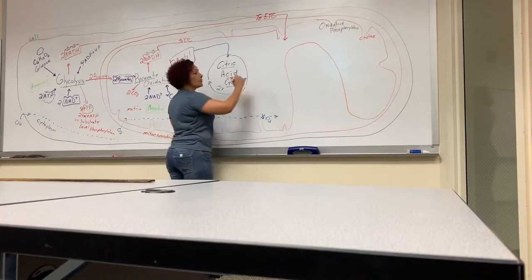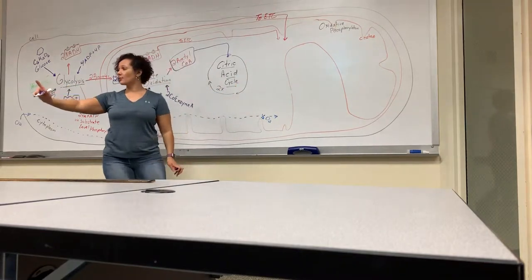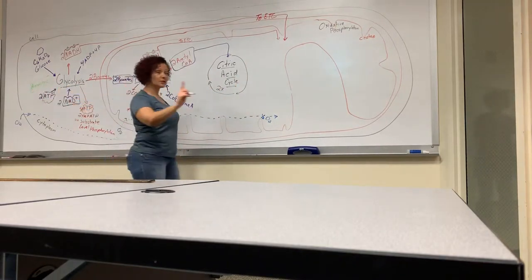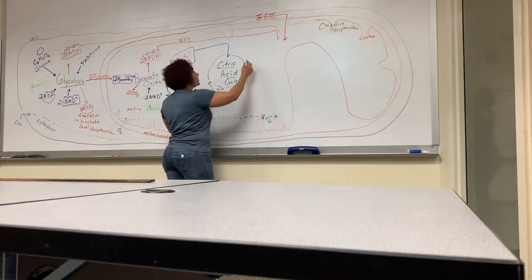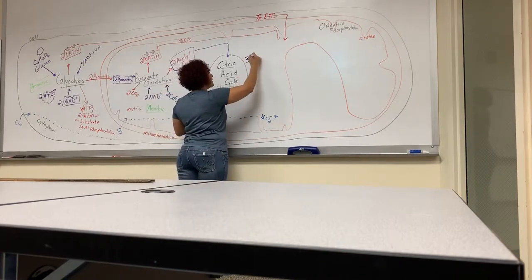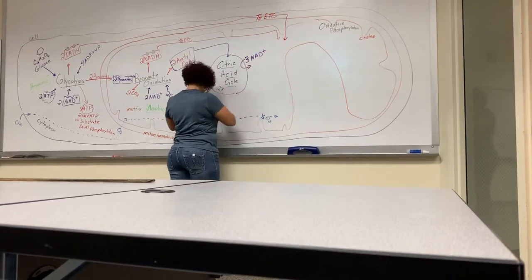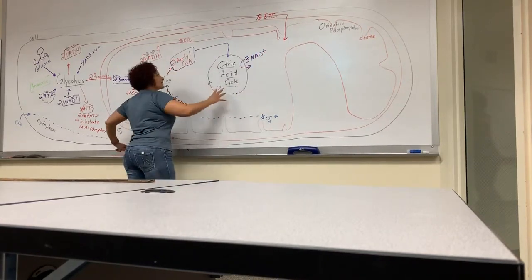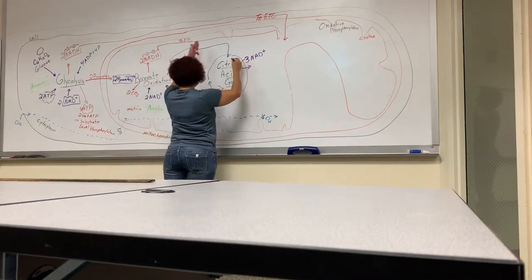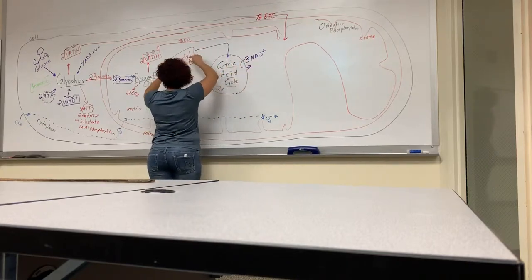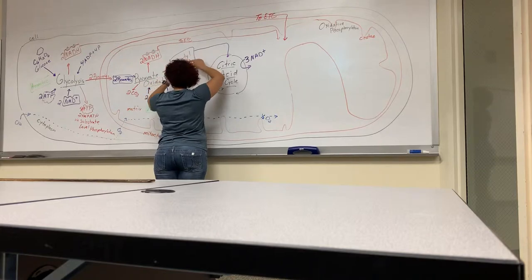Before you commit to this, if you're writing in pen, don't write this down yet. Let me finish it and then I'll tell you when you can write it down. You have 3 NAD pluses going in. The reason they go in is they're going to take electrons from this high energy molecule, because it's still carrying high energy electrons.